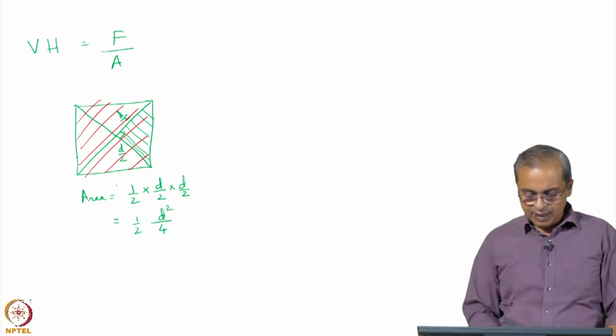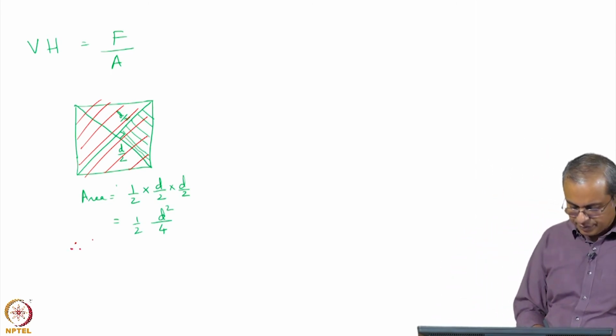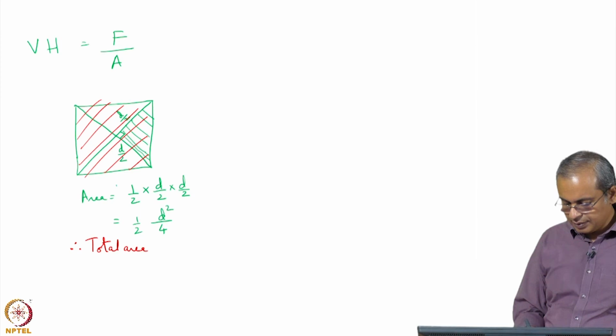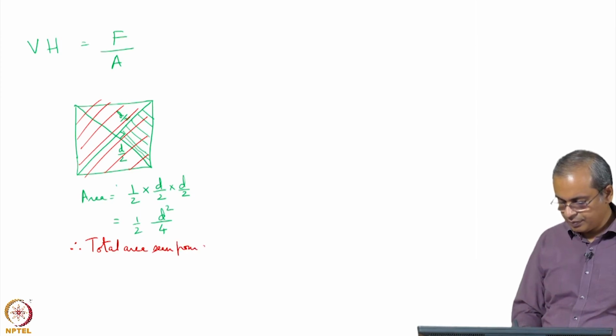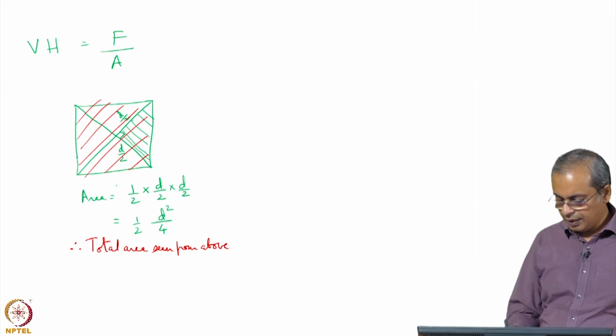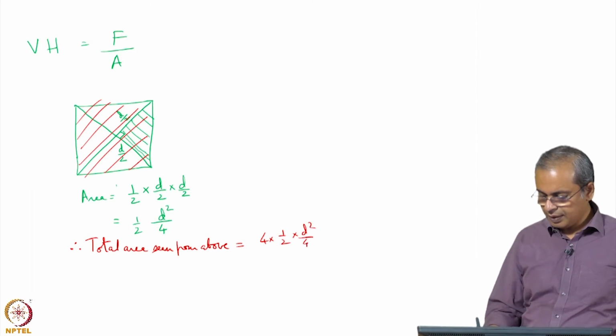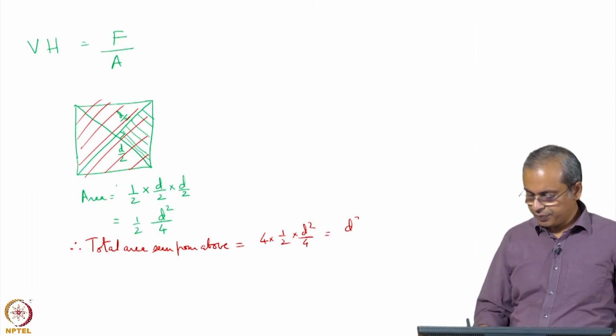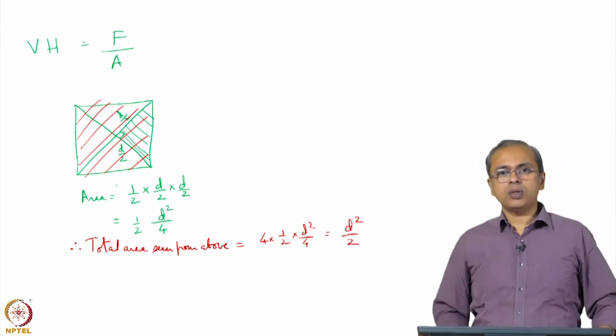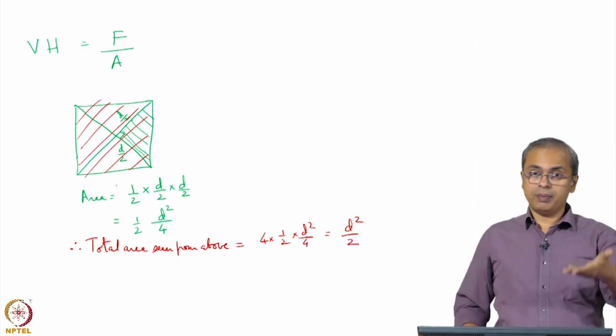So the total area seen from above equals 4 into half into d square by 4, which is equal to d square by 2. That is the total area of this indentation as seen from above.